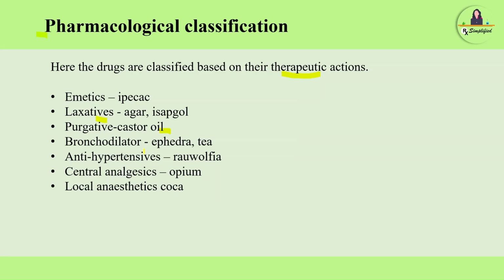Bronchodilator: those drugs which dilate bronchi, for example ephedra. Antihypertensives are used to reduce blood pressure. Example: rauwolfia. Central analgesics reduce pain, and local anesthetics temporarily block nerve sensation in the target area. Example is coca.